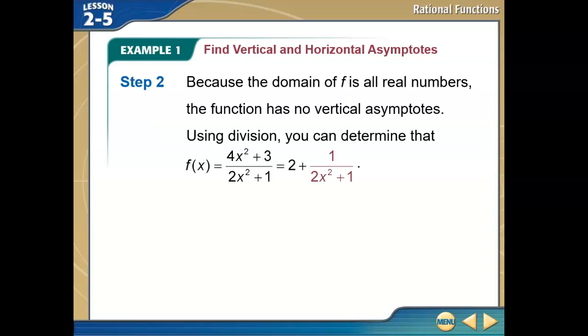Because the domain is all real numbers, the function has no vertical asymptotes. Using division, you can determine that, but it's not really a mandatory thing. We're just concerned that this denominator equation never equals 0, because that gives us the information that we need.